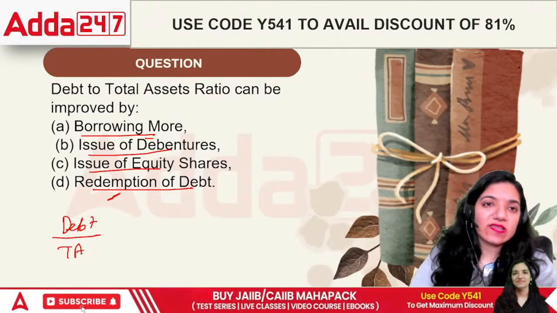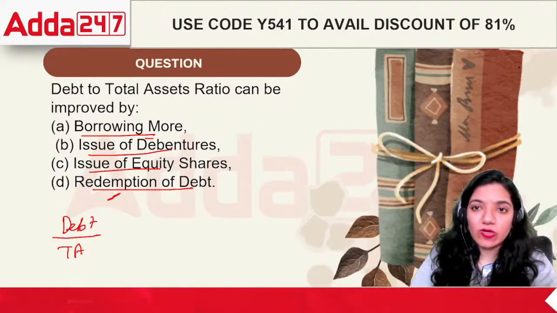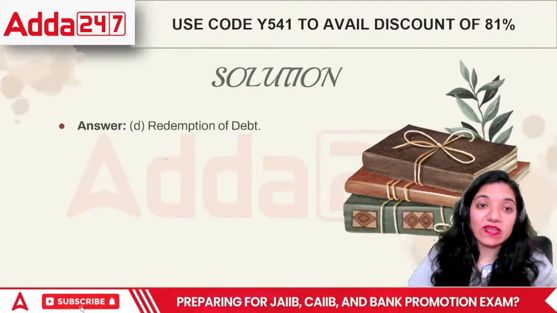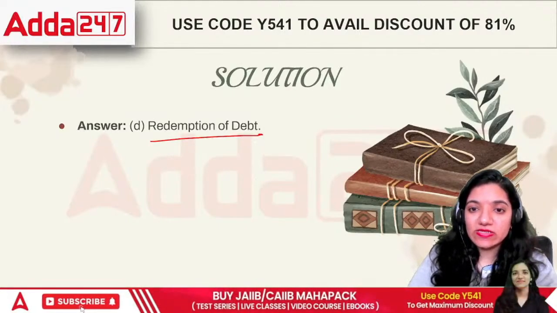The correct answer in this case would be, debt to total asset ratio is the point. Now we are trying to find the debt and divide it by total assets. In this case, the correct answer would be redemption of the debt.